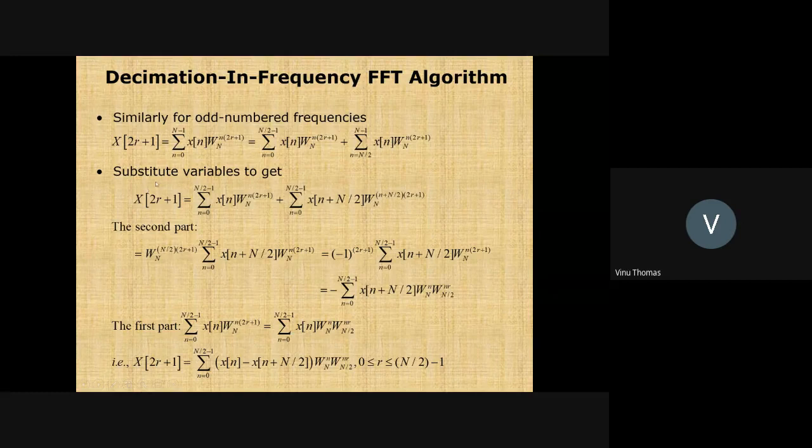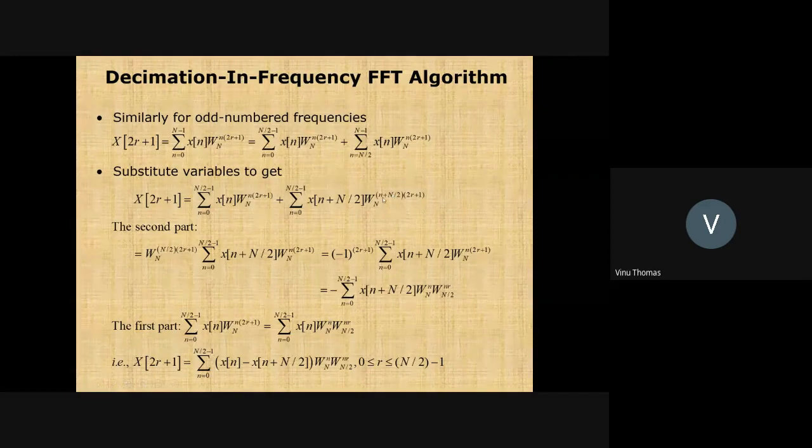So now, as before, we will try to change the summation from n equal to 0 to N by 2 minus 1 here. This is easily obtained by putting n equal to n plus N by 2. So we write x of n plus N by 2, W_N raised to n plus N by 2 into 2r plus 1. So you need to expand this. We will look at the second part and expand the complex exponential.